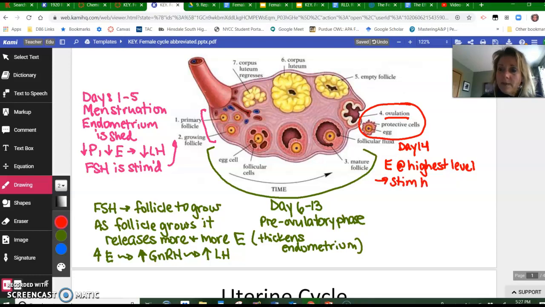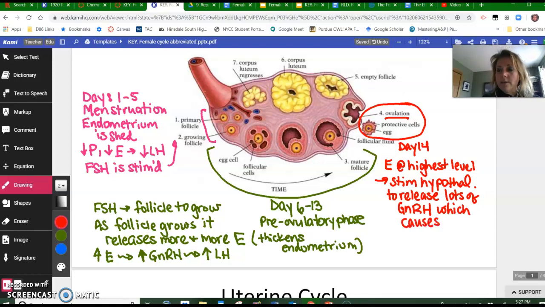the hypothalamus to release a burst, I'll just say lots, of GnRH. And that burst of GnRH is going to cause the LH surge.